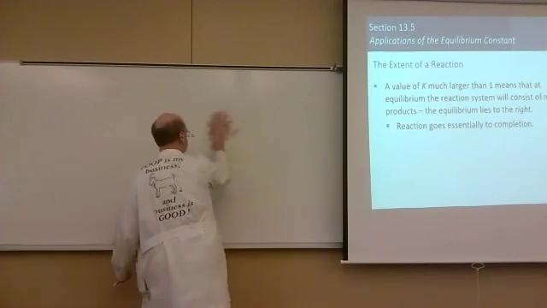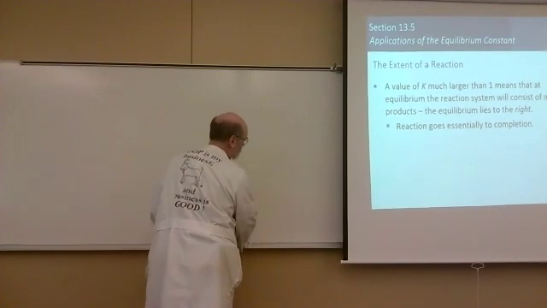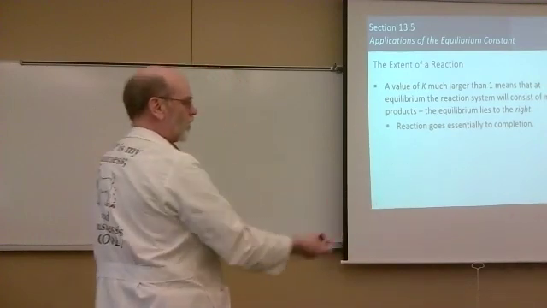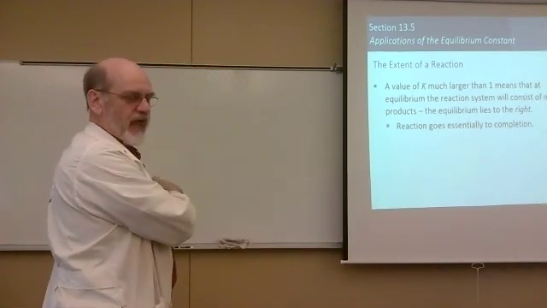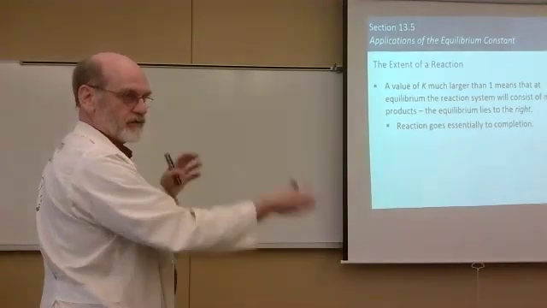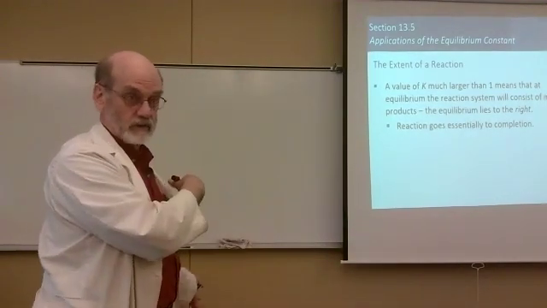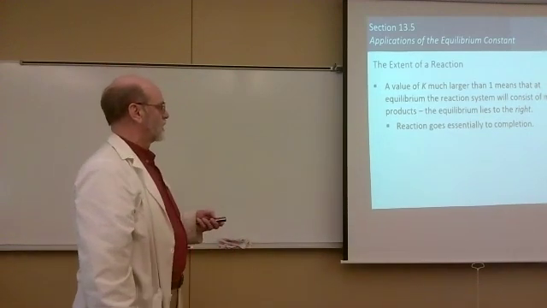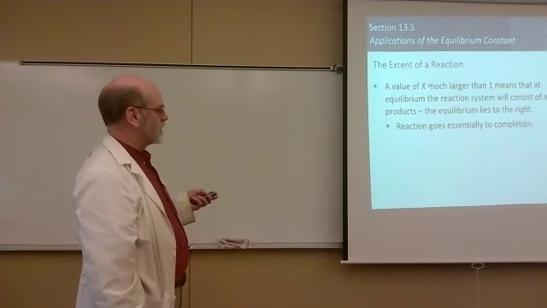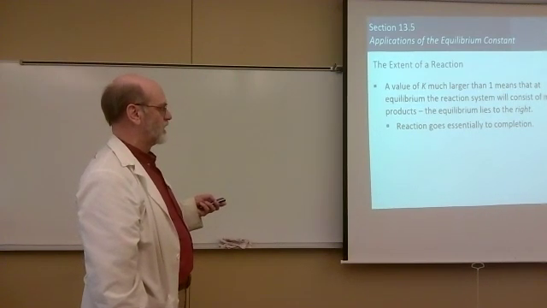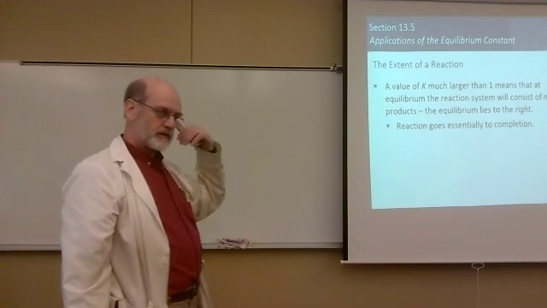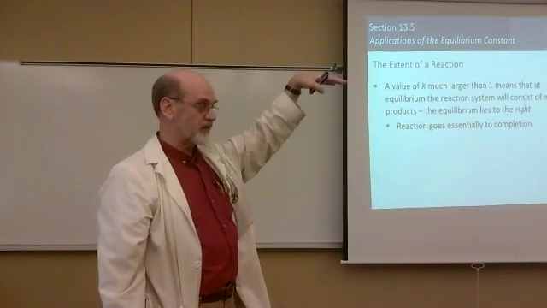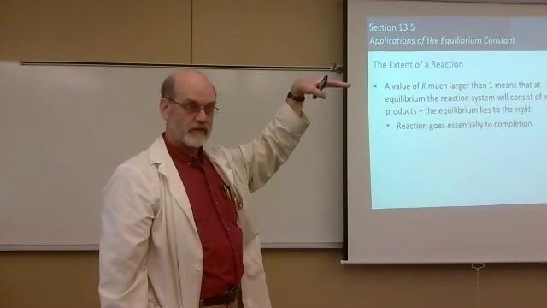So I mentioned this one a little earlier, the extent of the reaction. You know, how far does it go to one side, or does it stay mostly on the product, the reactant side? Does it make a lot of product, or does it have a lot of reactant still left over at equilibrium? If the K is much, much larger than one, that just means the equilibrium is shifted way, way over toward products, because the product is in the numerator of the expression.